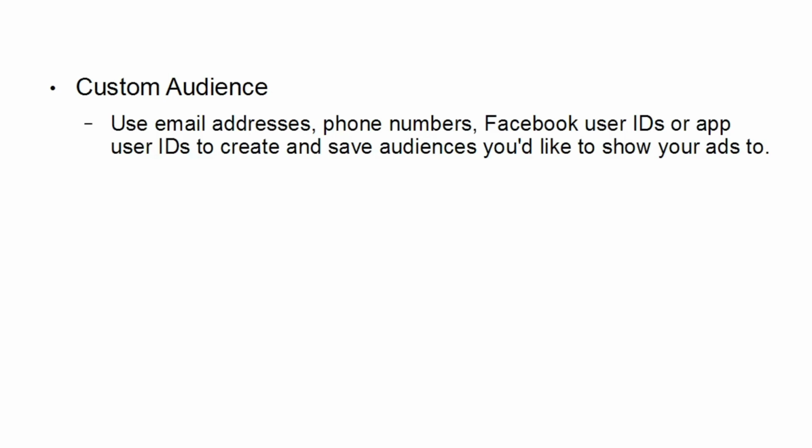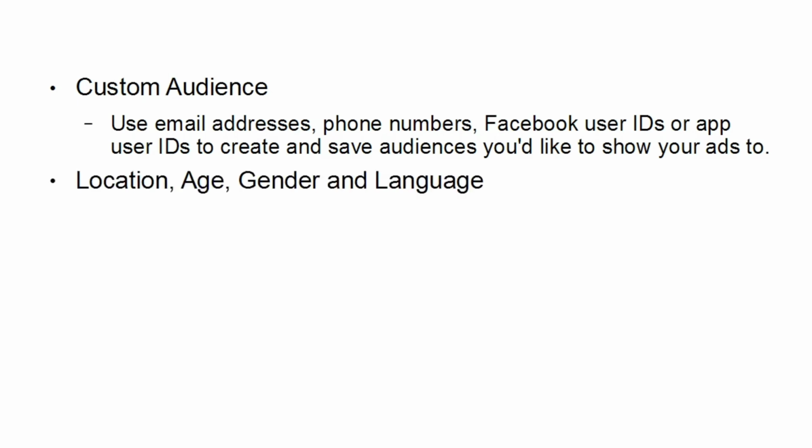You can use email addresses, phone numbers, Facebook user IDs or app user IDs to create and save addresses that you'd like to show your ads to. So you can make sure that only people who you've specifically selected will actually get to see your ad. Nobody else will.